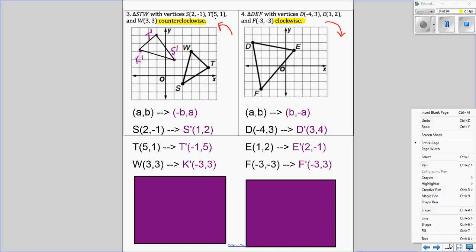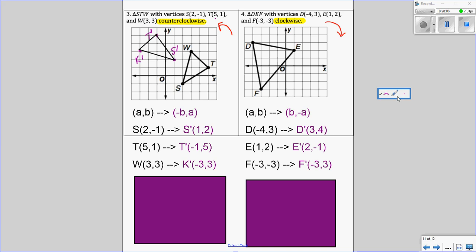Once I do that, waiting for my pen, purple, my D prime will be 3, 4, sorry, 3, 4, D prime, and then 2, -1, E prime, and then F is -3, 1, 2, 3, F prime.